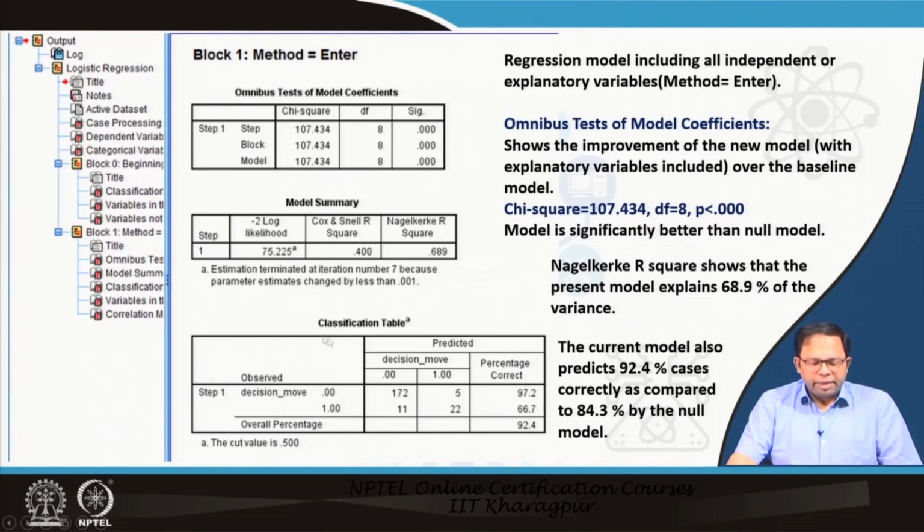And then based on the model that we have done, if I use my equations to classify, we can see that the current model predicts around 92.4% of the cases correctly as compared to 84.3% of the previous model. So this could be seen in this particular table where decision to move is 0 and 1. So for decision to move 0, 172 are predicted correctly; for decision to move 1, that is wrongly predicted, 5. Over here, 11 are wrongly predicted and 22 are correctly predicted. So total prediction percentage is 92.4.